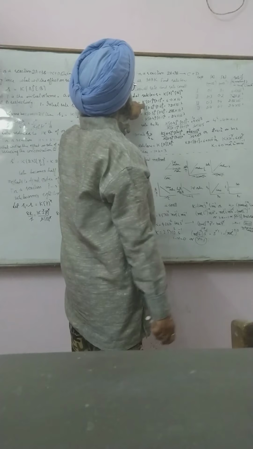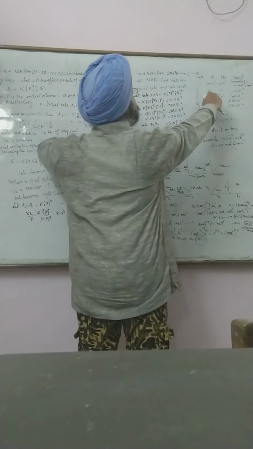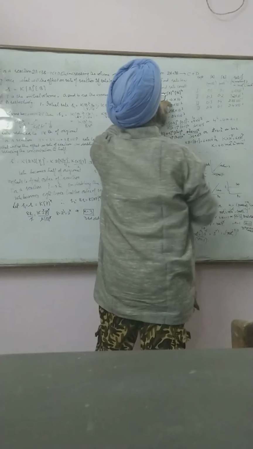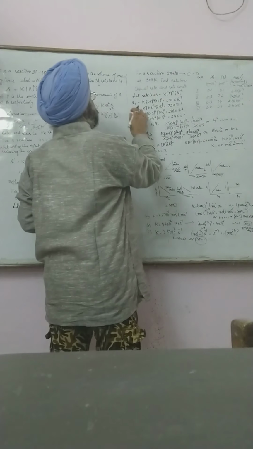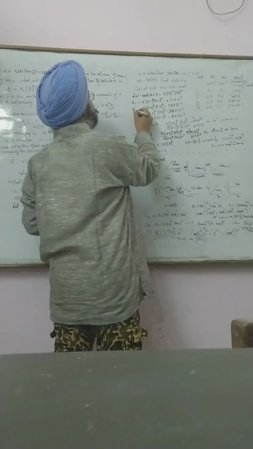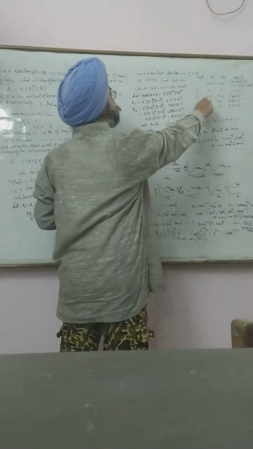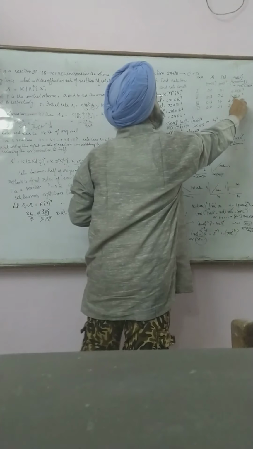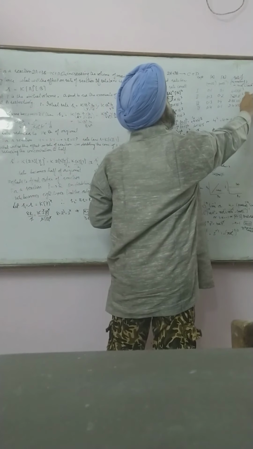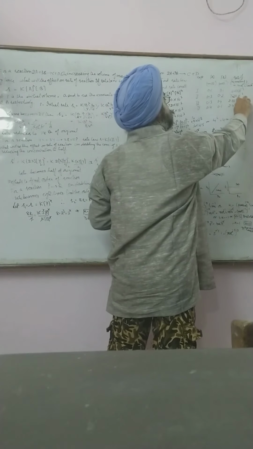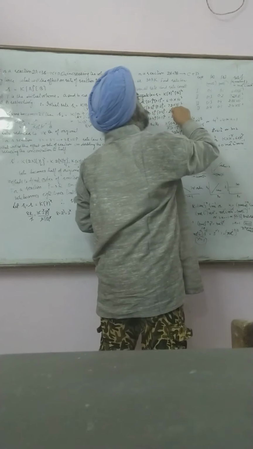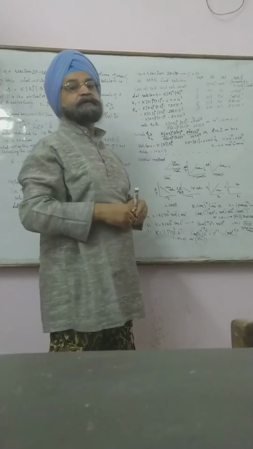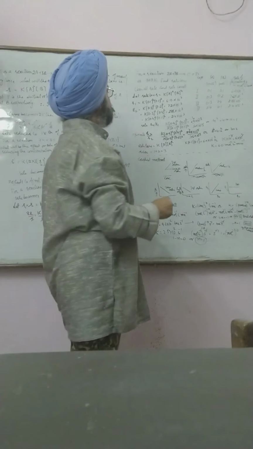Then R1 is equal to K, this power A, this power B, 6 into 10 to the minus 3. The second is R2, 0.3 raised power A, 0.2 raised power B, 7.2, I have changed it into 10 to the minus 3, then it becomes 72, only for the simplicity of the calculation.